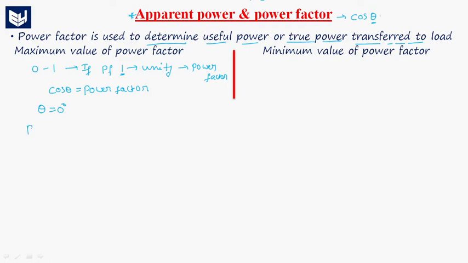Theta is the phase difference between voltage and current. Whenever theta is 0, cos 0 degrees is 1, so we say the power factor is unity power factor.